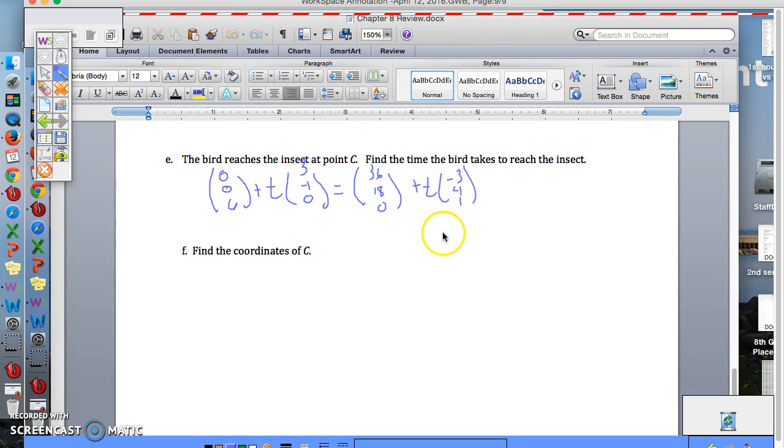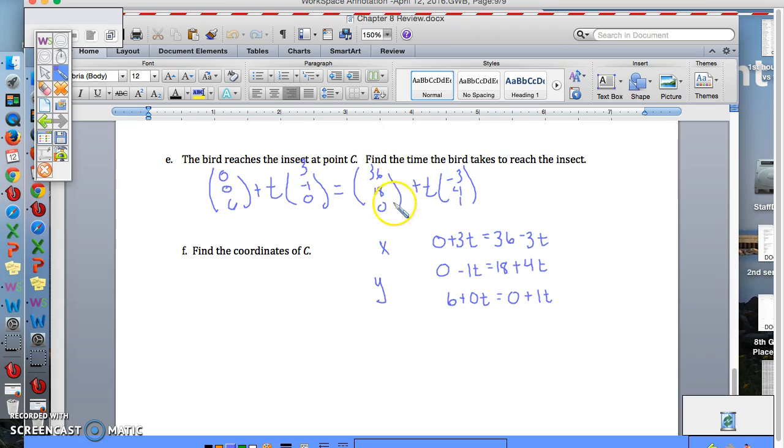So we have all these systems. We have 0 plus 3t, and actually there's only one variable here, which is nice. So there's our x, our y, 0 minus 1t, and then we have our z, 6 plus 0t equals 0 plus 1t.